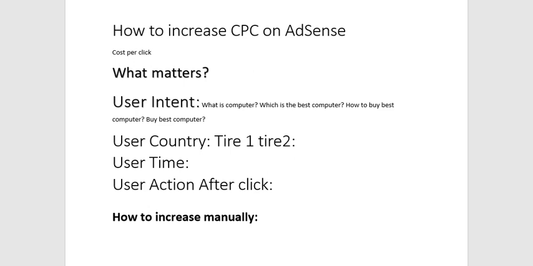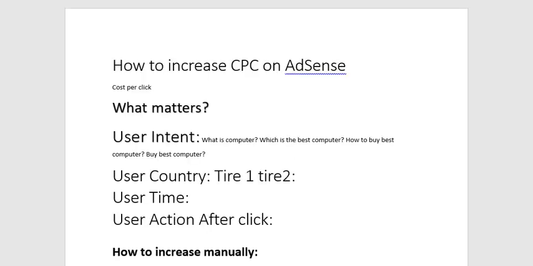That's the cost per click of the ads, not of the website, which you see in your Google Search Console analytics. This is not that click-through rate. That's something related to SEO, and this is something related to your AdSense revenue. So the first thing that matters is user intent.